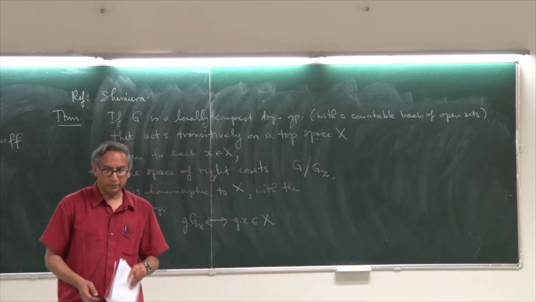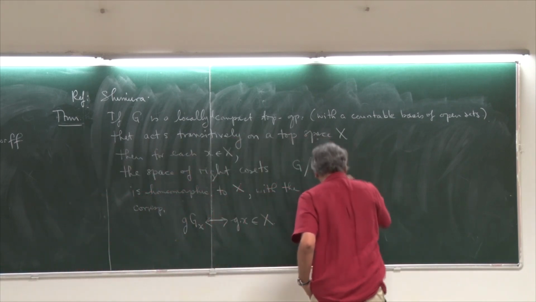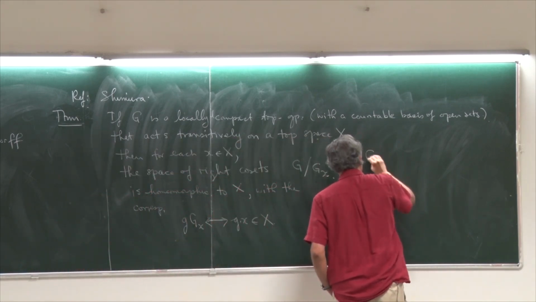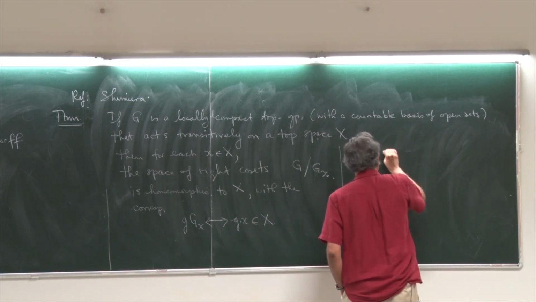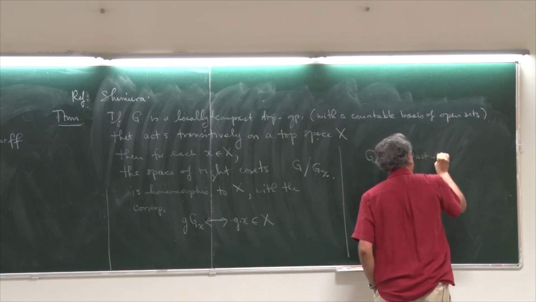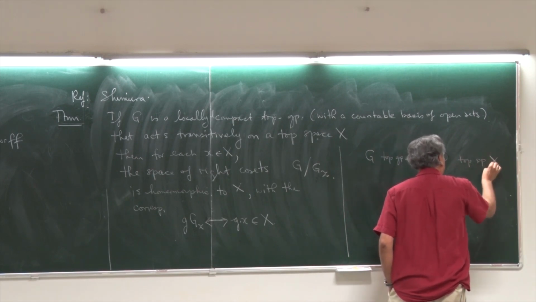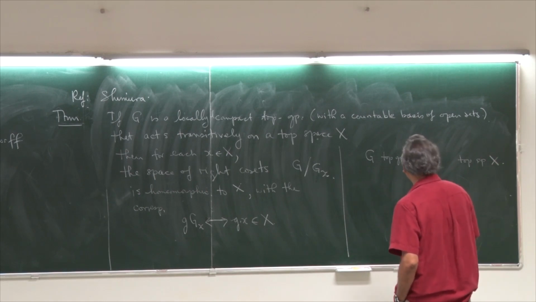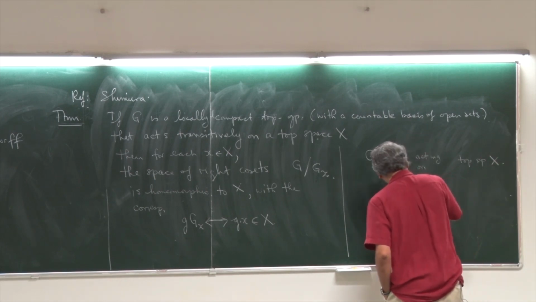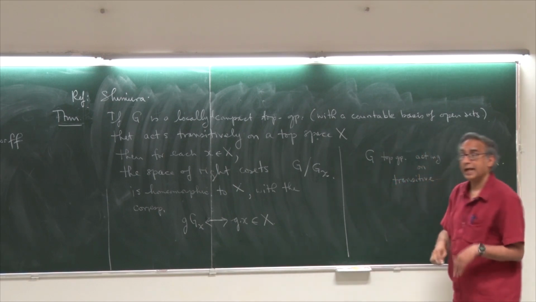Now, let me try to summarize what we have established so far. You have a topological group acting on a topological space. Suppose the action is transitive.